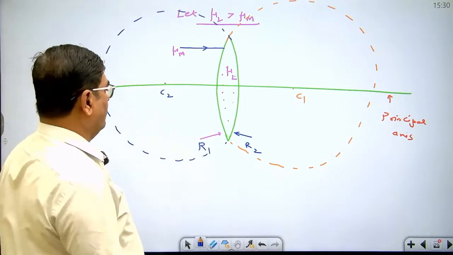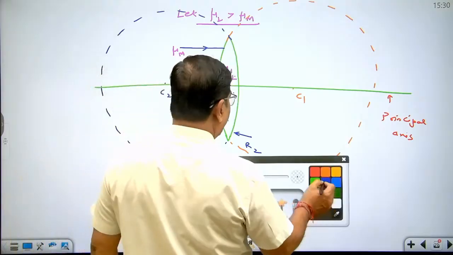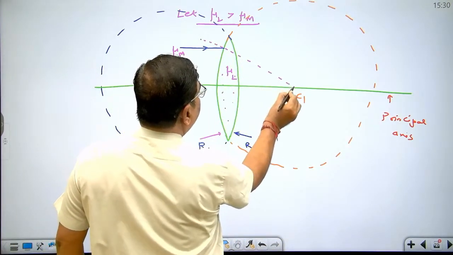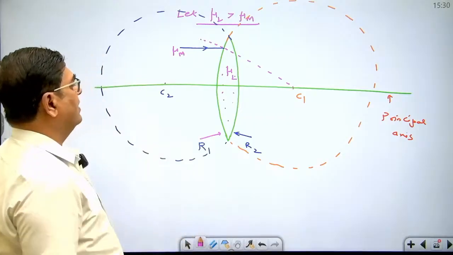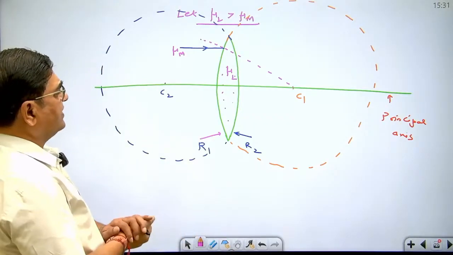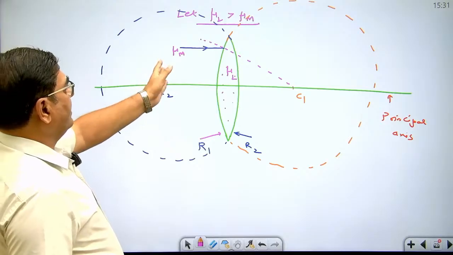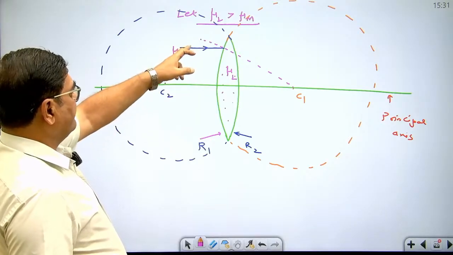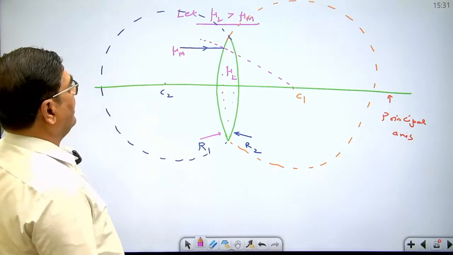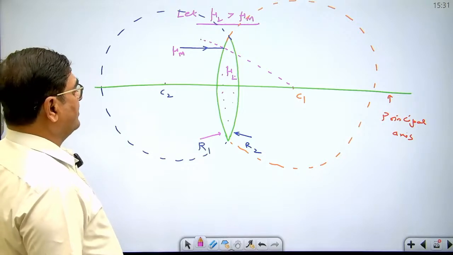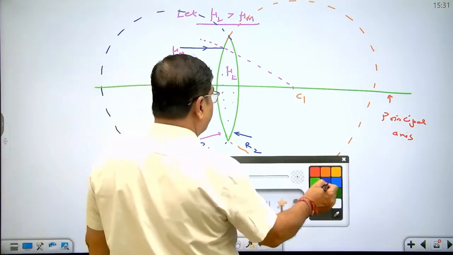Now, join this point from here to here. This line is the normal, because any point joined with the center of curvature becomes normal. This light ray is moving from rarer medium to denser medium, as mu L is greater than mu m. When a light ray moves from rarer medium to denser medium, it shifts towards the normal.